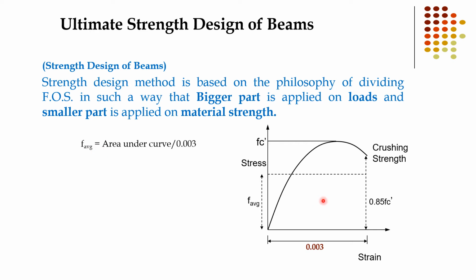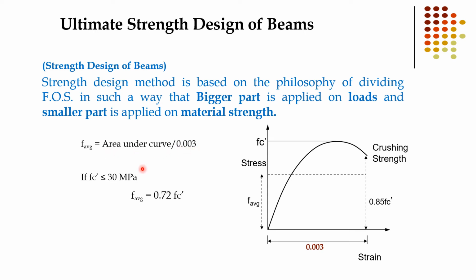We will get the average stress. You can also think of it like a thread or line that you push down and make horizontal. This f average is the area under the curve divided by 0.003.